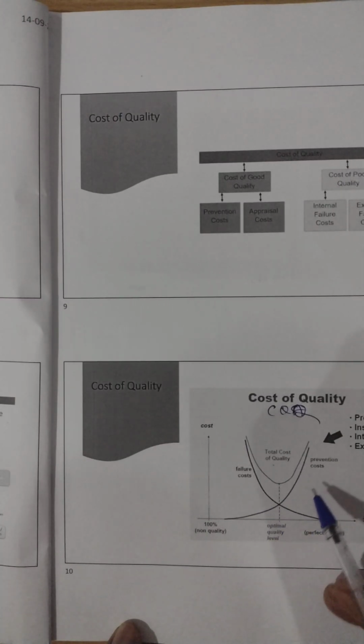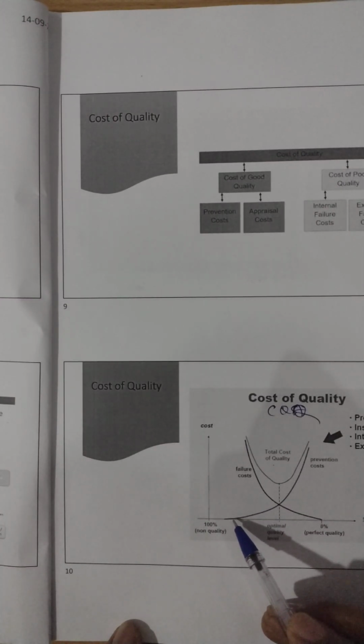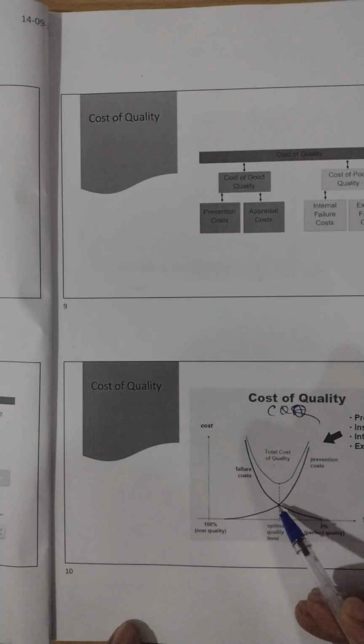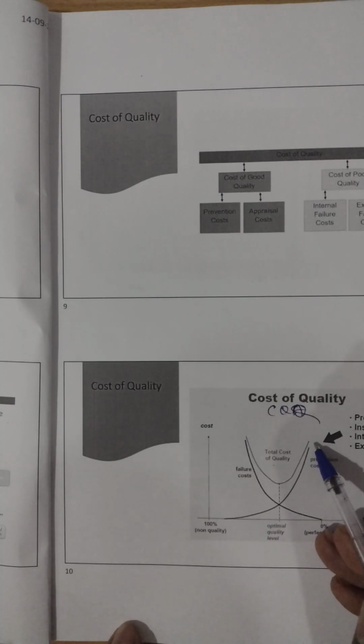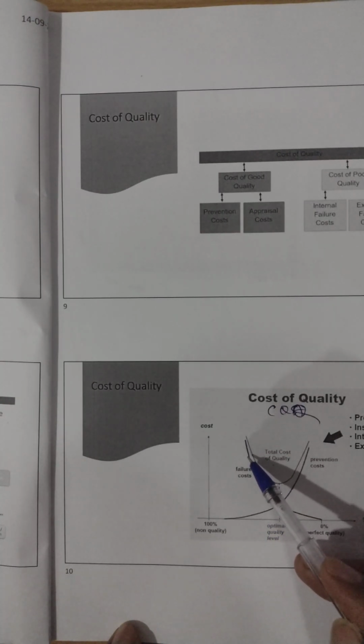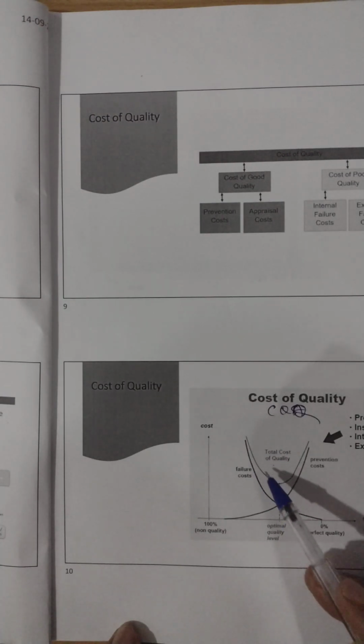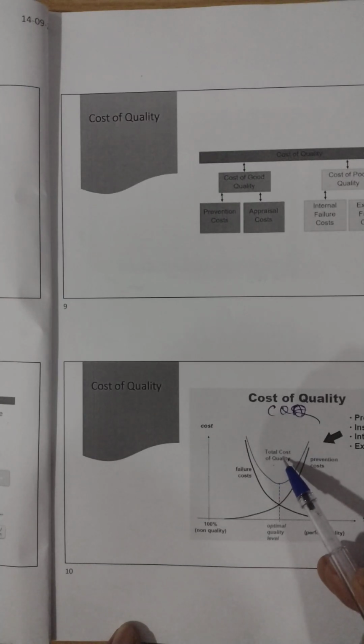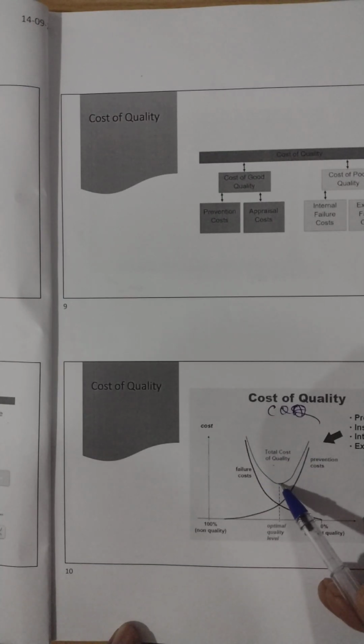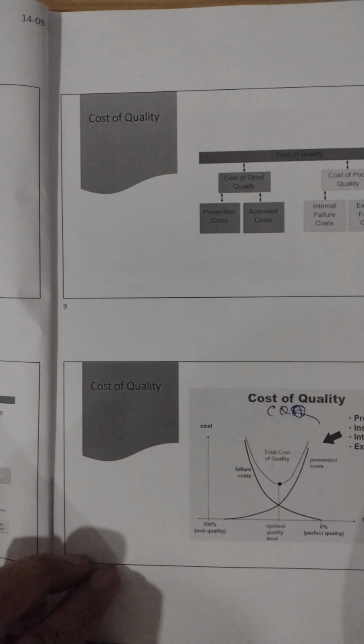This is your prevention cost, which will go up. Your failure cost is very high here, but as you go ahead it will become less. So like this, the total cost of quality, COQ, has an optimal level here. It has optimized here if we follow all the processes, and the number of defects will also come down.